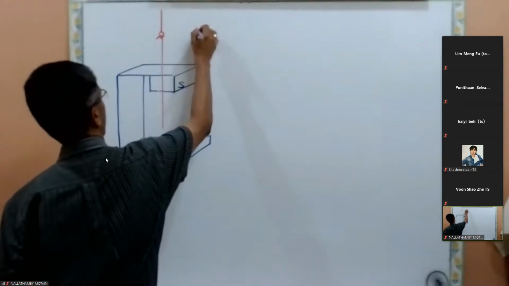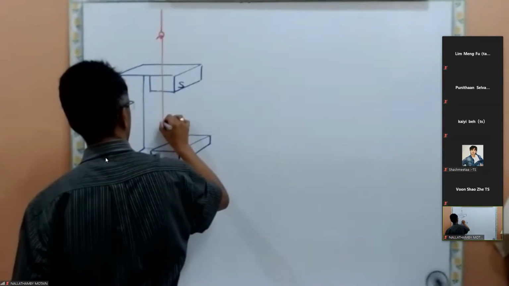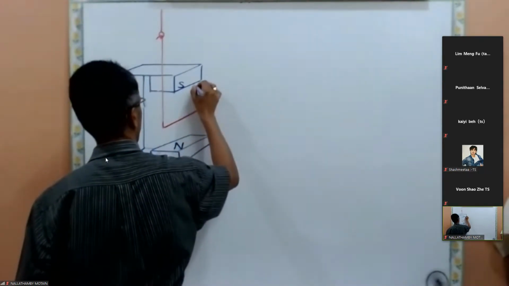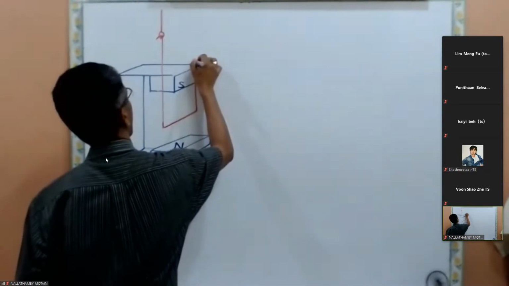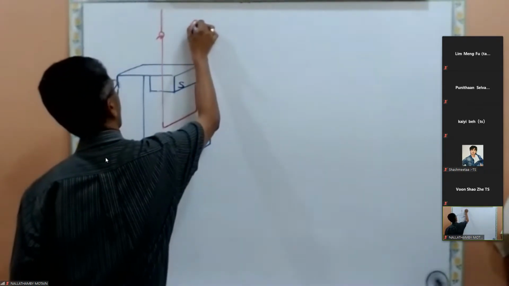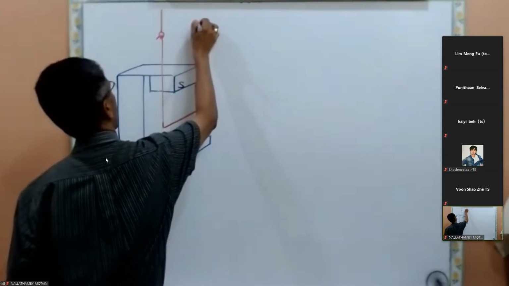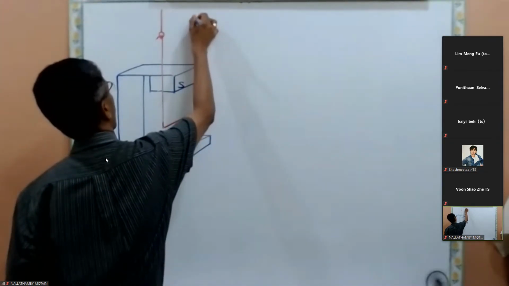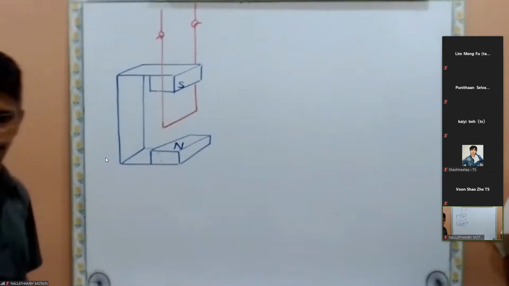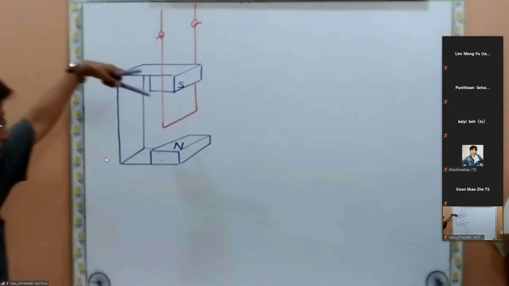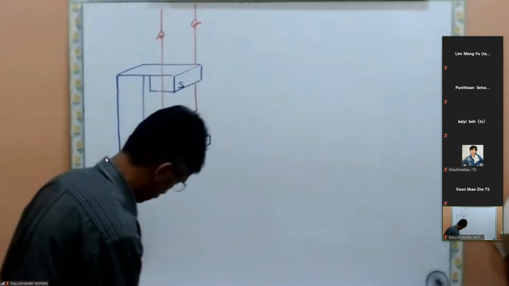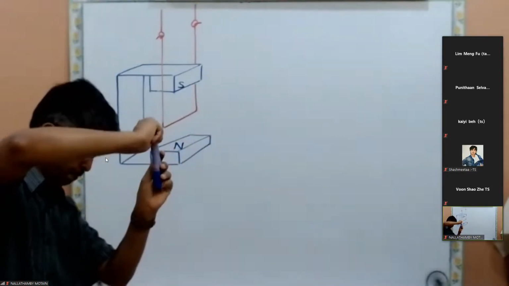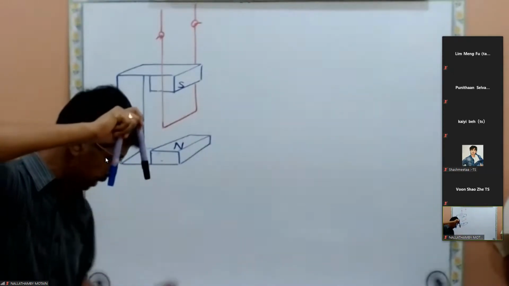And then let the current flow through it. So the conductor is hanging like this in between.